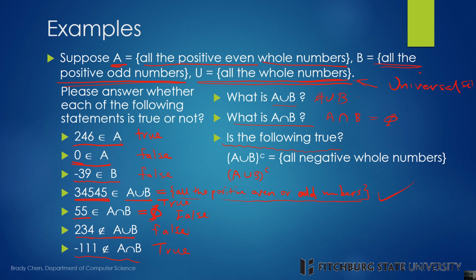That means it should be all the whole numbers that are not a positive even number and not a positive odd number. So it should be all the negative whole numbers. Is that true?